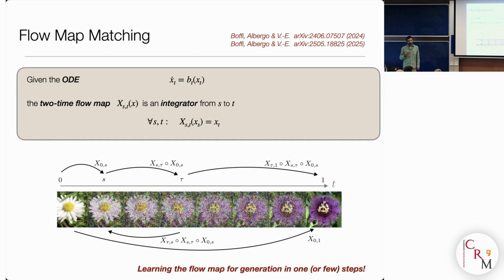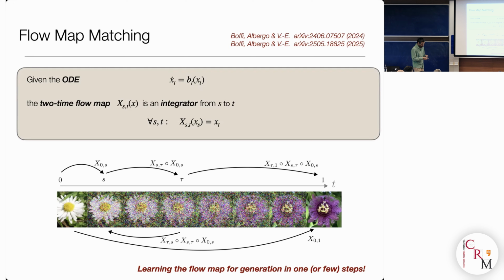But inference is a little bit harder because now to do inference or generation, you need to solve an SDE or an ODE. This first of all involves some numerical error, but this can be controlled. But it can be costly because you may need to take many steps.